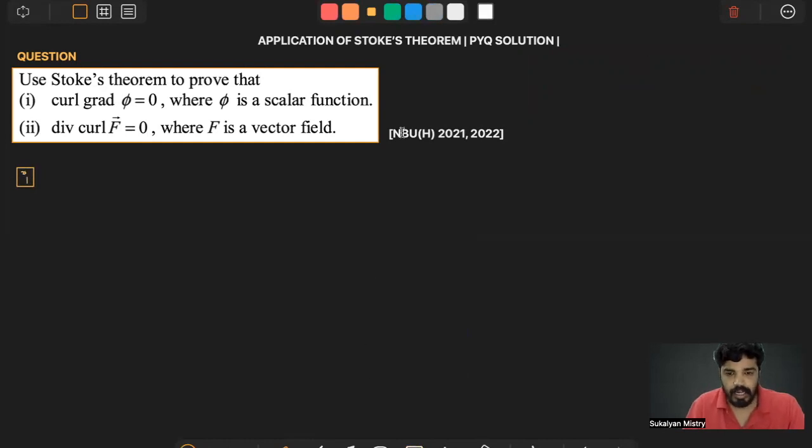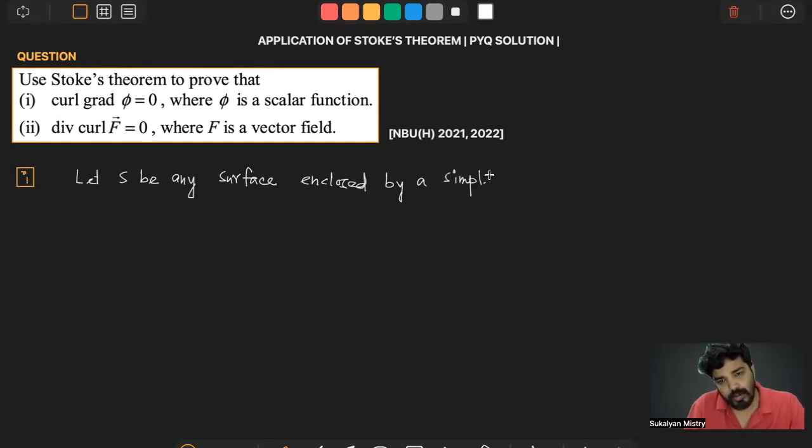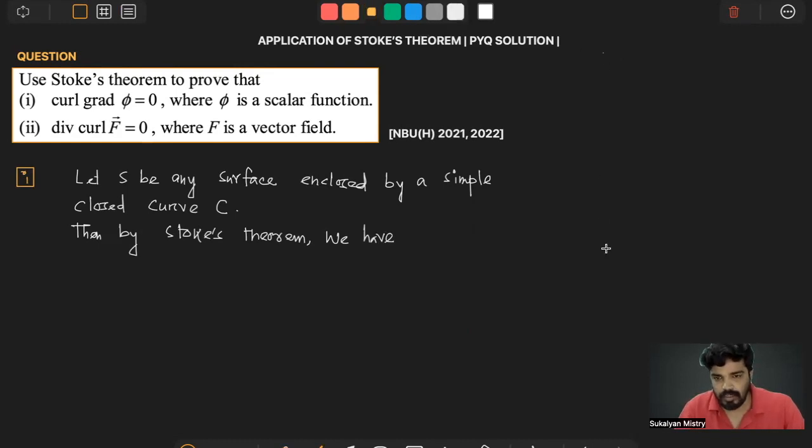Let S be any surface enclosed by a simple closed curve C. Then by Stokes theorem, we have, just note down what is Stokes theorem.